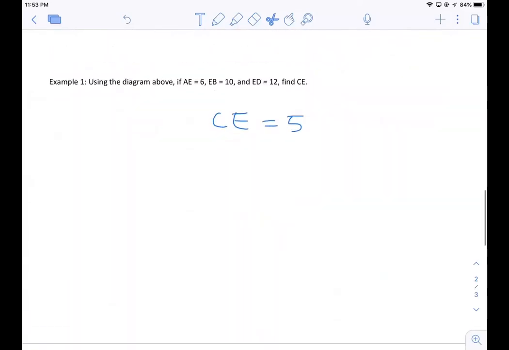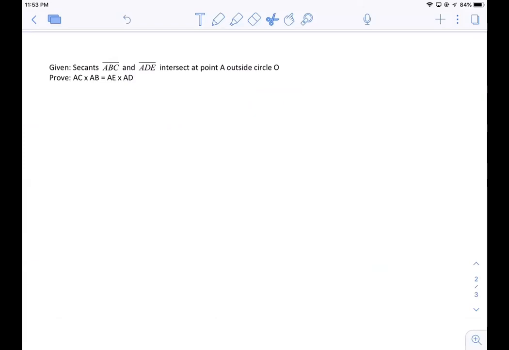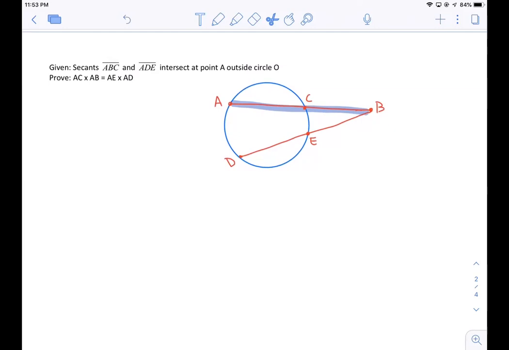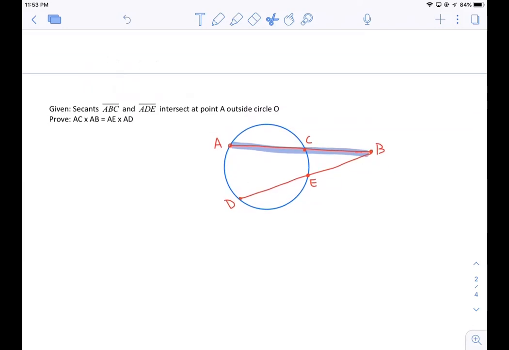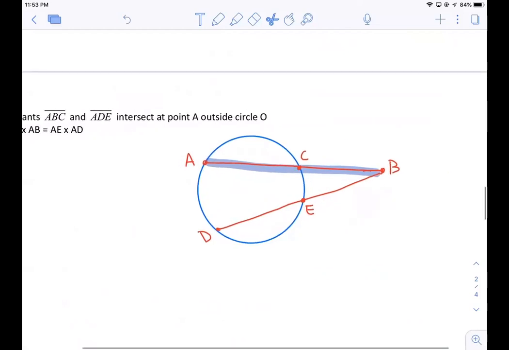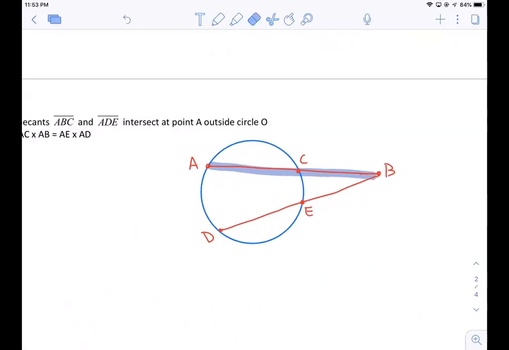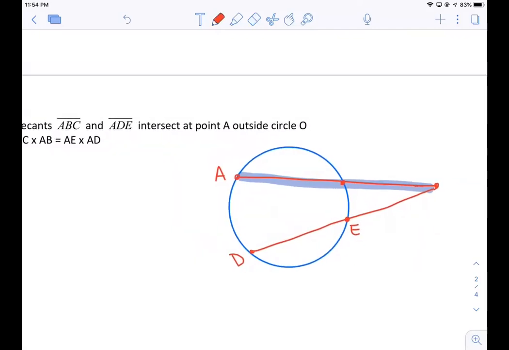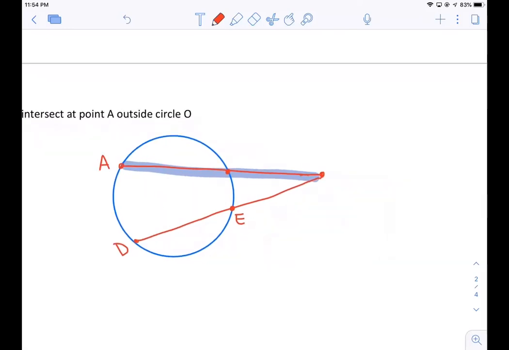Here is the fun proof now. And I think I did not label this the same way. So given secants ABC, so let me redraw this. ABC. All right, A is going to be on the outside.